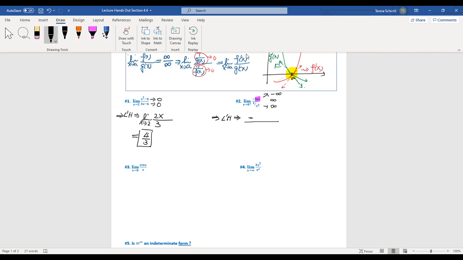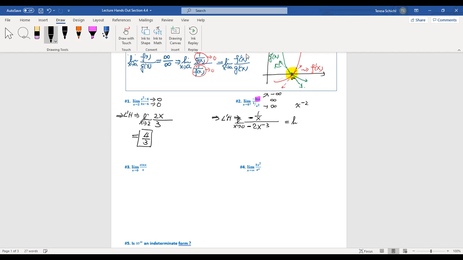What is the derivative of the natural log? It is 1 over x. The bottom here is x to the negative 2, right? So you take the derivative of that. This is negative 2 x to the negative 3.